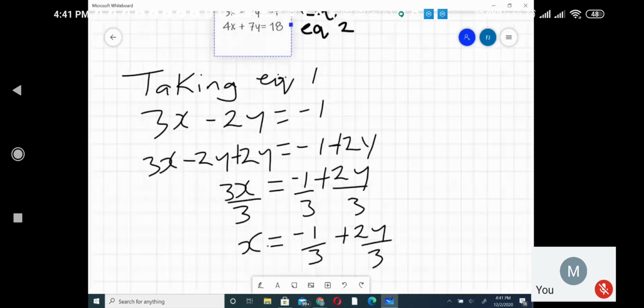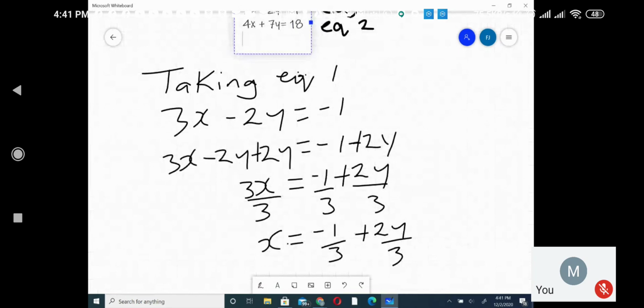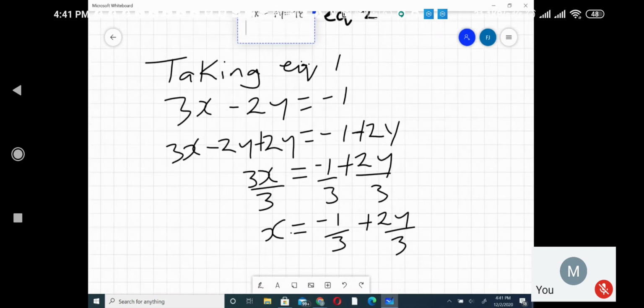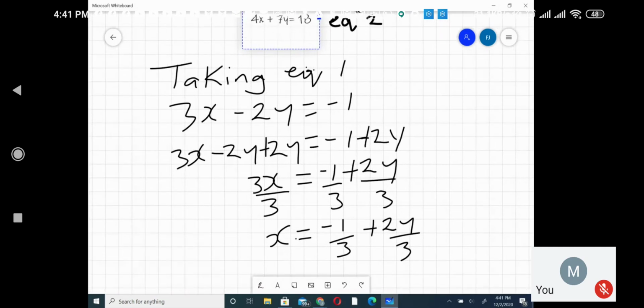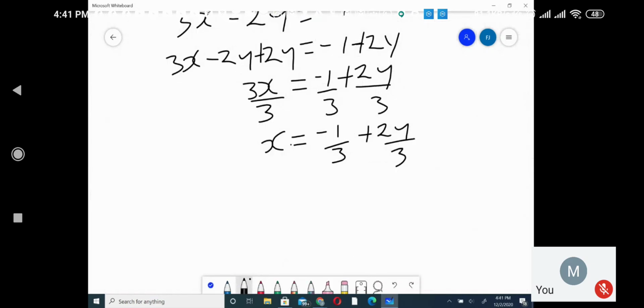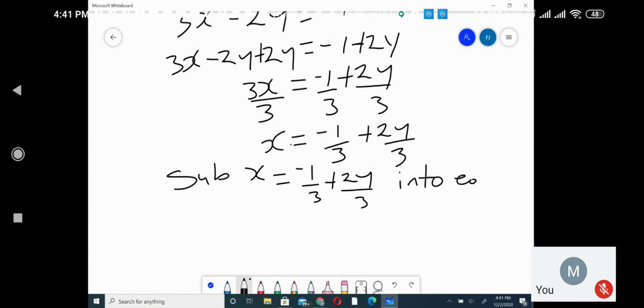So what's our next step gonna be now? Alright, you're breaking up, but I know you're saying the right thing. So we will substitute the value of x into equation 2.